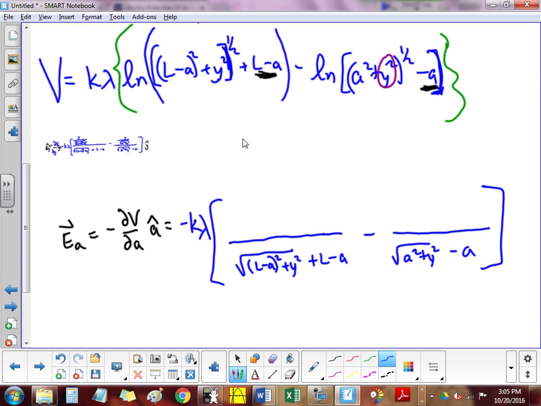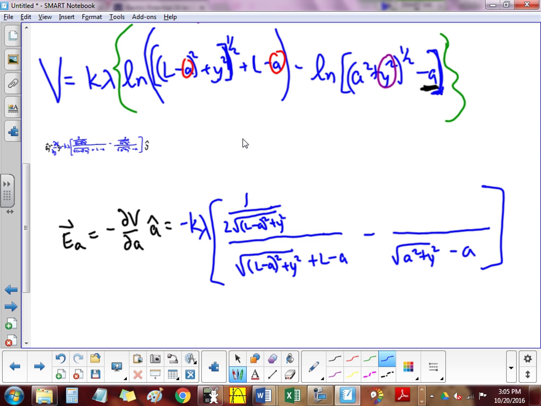Okay, the derivative is the derivative of the inside of the logs with respect to A as a variable. So imagine if A was your variable. You got to pay close attention because there's an L there and there's an A there, right? First thing you do is you take the derivative of the inside part, and you get 1 over 2 square root of L minus A squared plus Y squared.